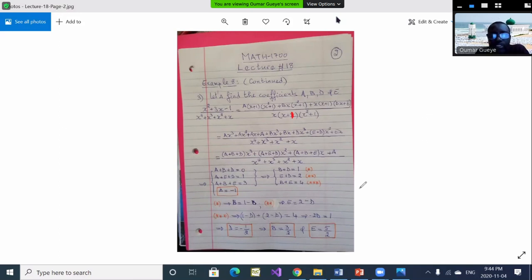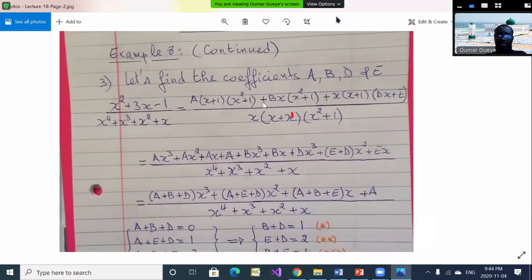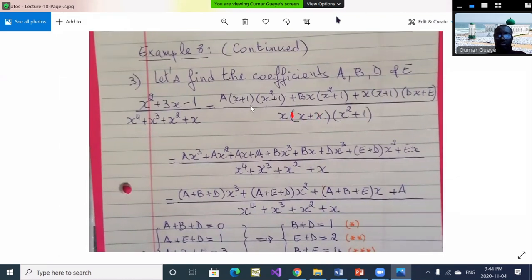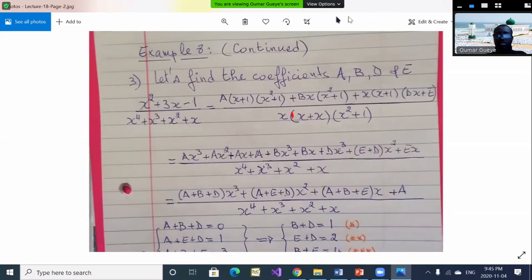Is it okay? It's supposed to be a 1 here, because it's just this x plus 1. It's a typo.